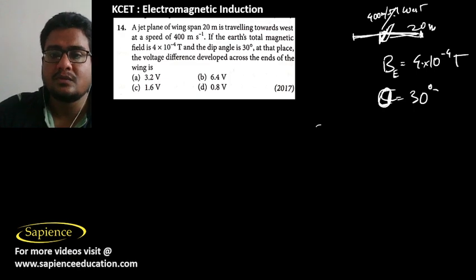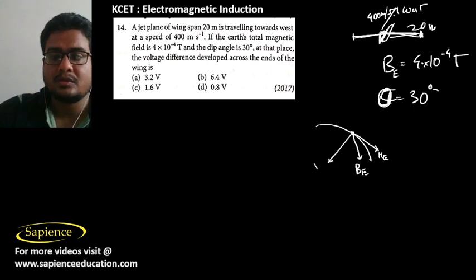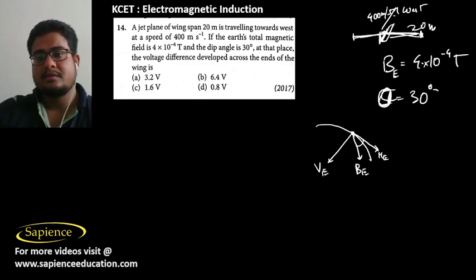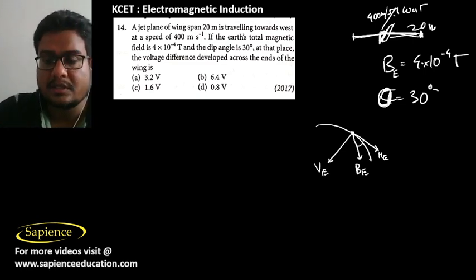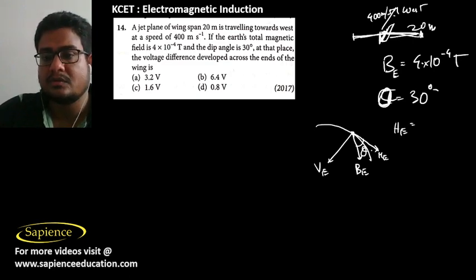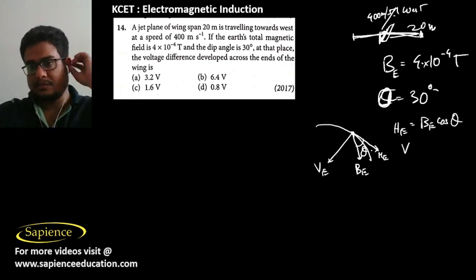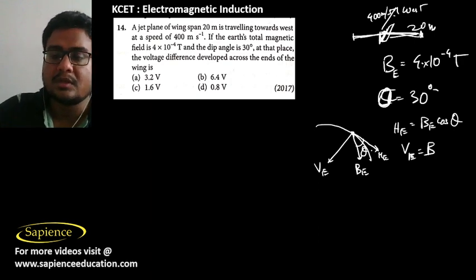So as we know, at any place on the Earth, the net magnetic field is like this. Then this is the horizontal component. This is the vertical component of the Earth's field, and this angle is called the dip angle. The horizontal component is equal to B_E cos theta, and the vertical component will be equal to B_E sin theta.